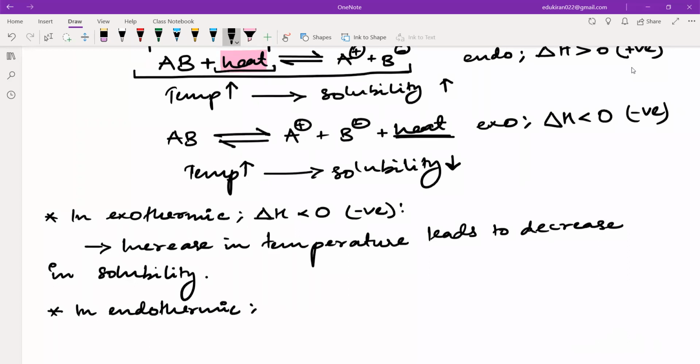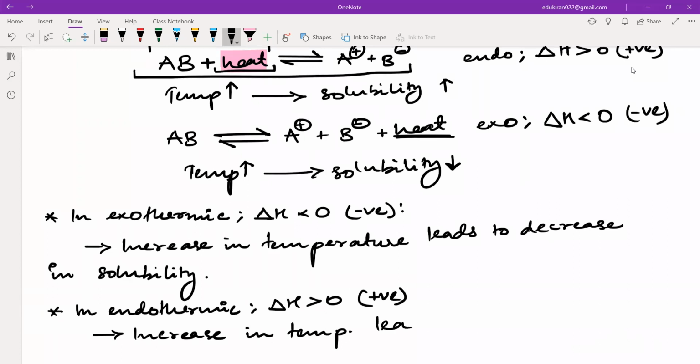Next is endothermic. The process is endothermic, delta H is greater than 0, that means it is positive. It requires heat, and increase in temperature leads to increase in solubility.